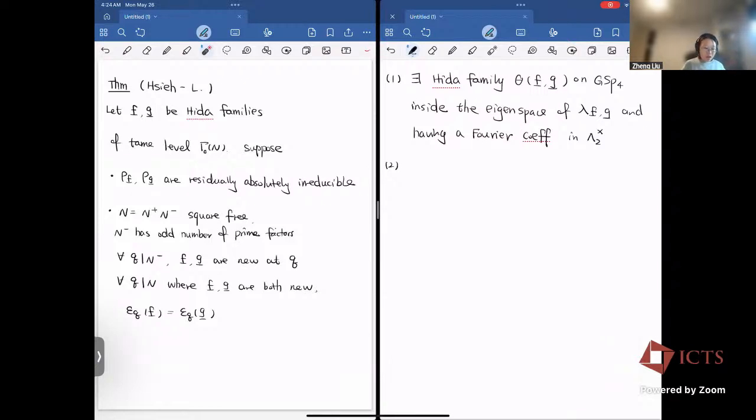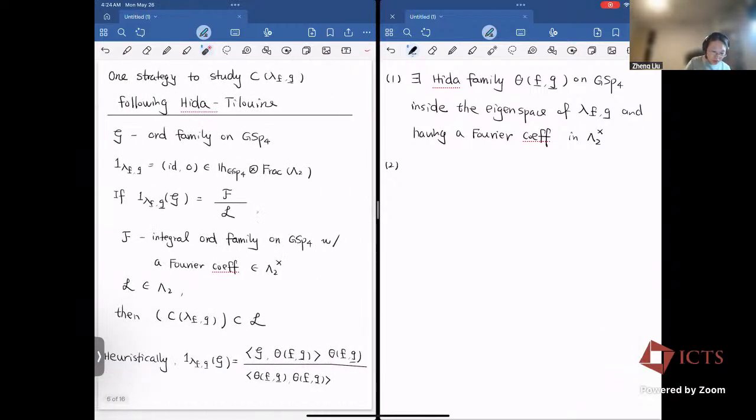And the second part, if we look at what the projection looks like, in the end we want to show that this L in the numerator is actually a two variable Rankin-Selberg p-adic L-function for f and g. So that means I need to evaluate this Petersson norm here. The second part will be about this.